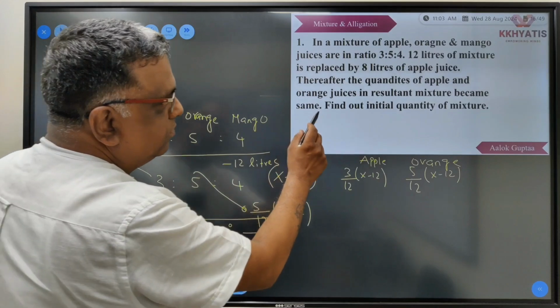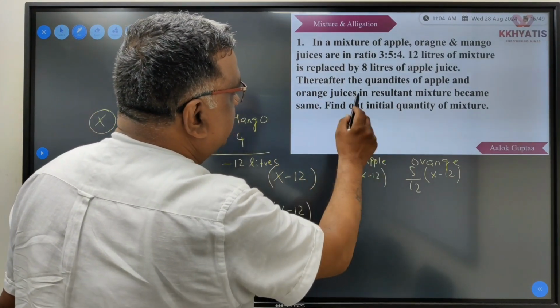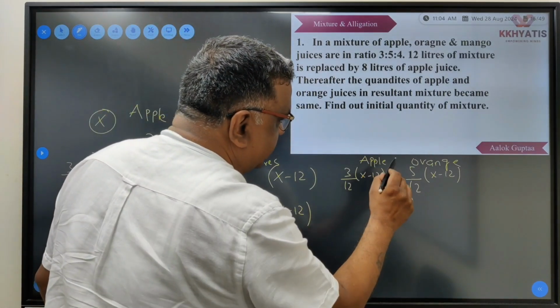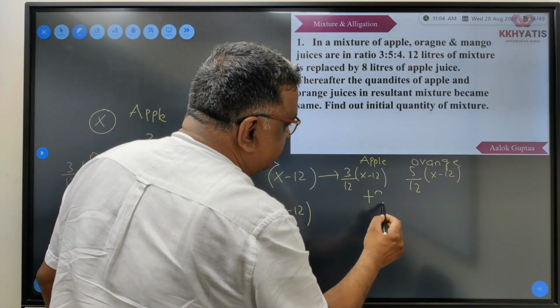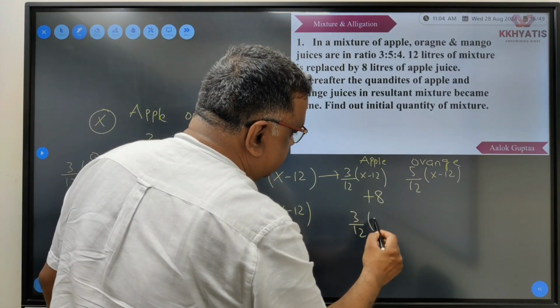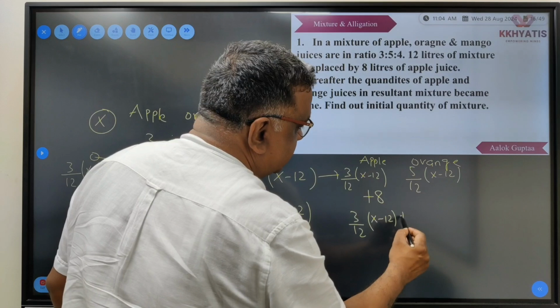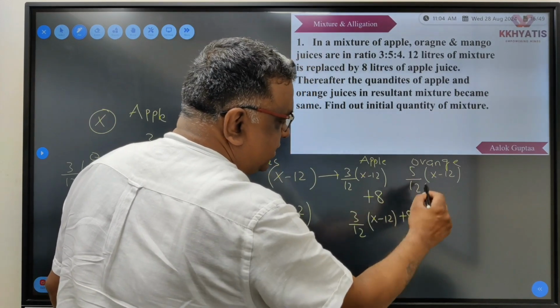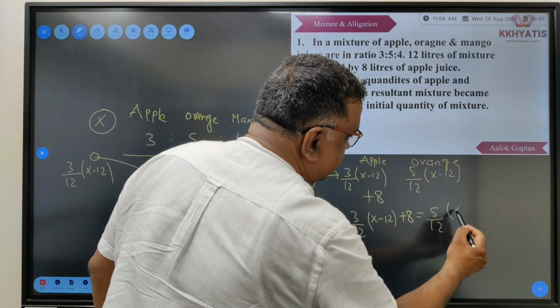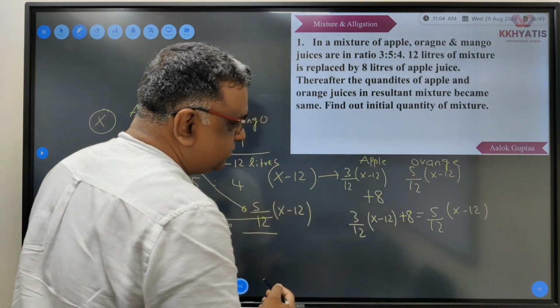Because I have been given one clue here that apple and orange juice in the resultant mixture become the same. So after this stage, we added 8. So apple became 3/12 of X minus 12 plus 8, and nothing changed here. And these both are same, which means it equals 5/12 of X minus 12, right?